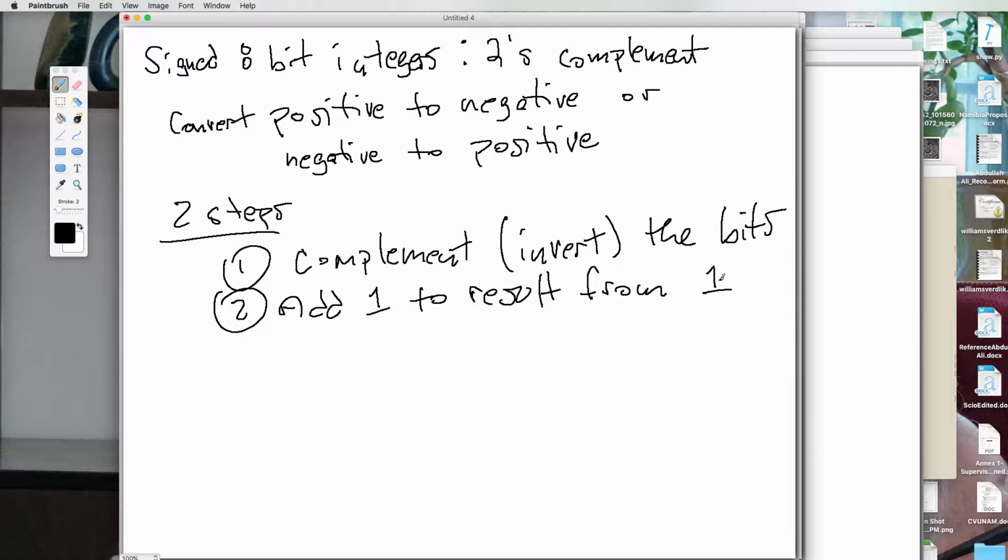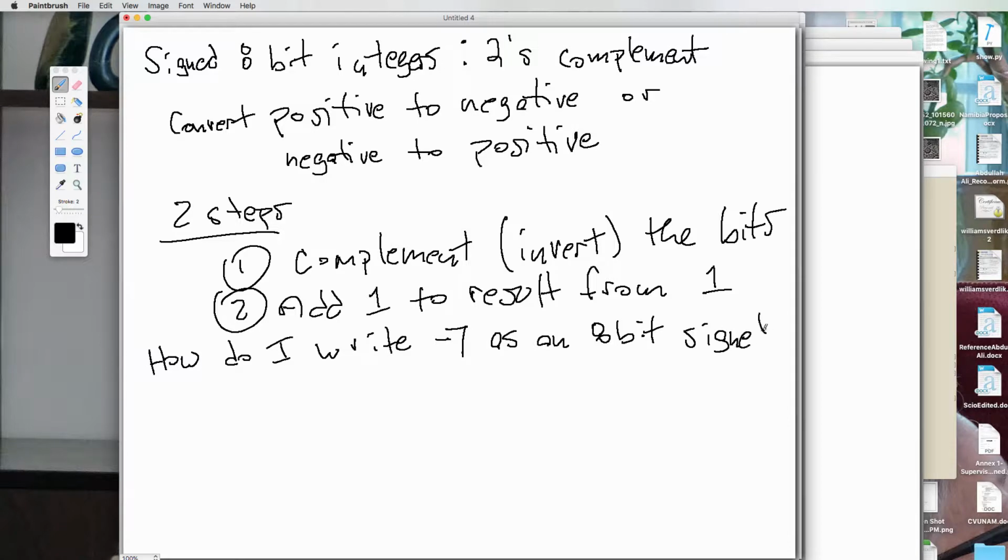Okay, so let's consider an example here. How do I write minus 7 as an 8-bit signed int? Well, the first thing I need to do is I need to figure out how do I write plus 7.